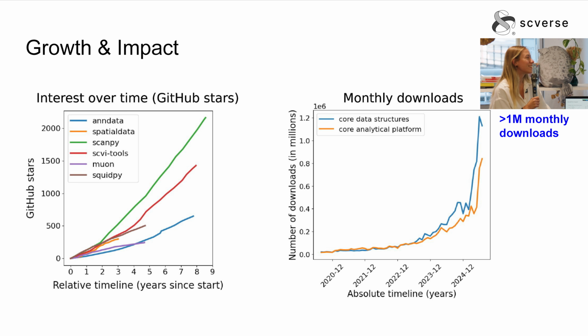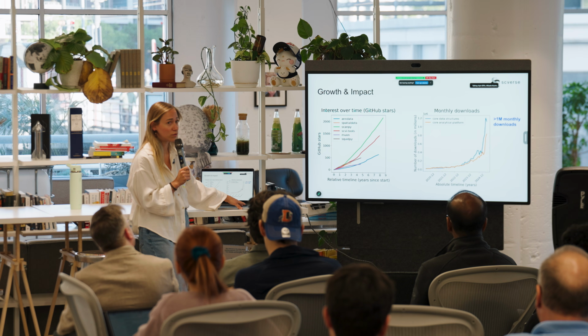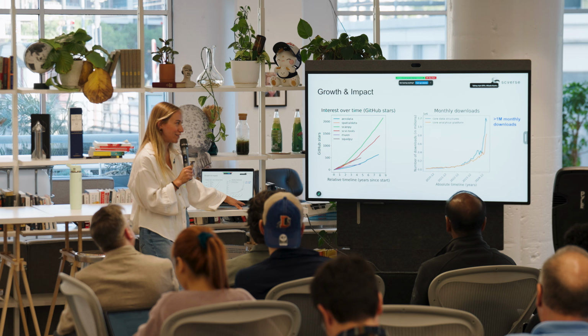But the most important is, and this is kind of outdated now, we have more than a million monthly downloads of all of our tools, which is insane. And I will explain later why it's insane and what is the main issue we're facing. So this is increasing a lot. And nowadays with agents, please don't submit PRs that you haven't reviewed first. It's an issue, okay?